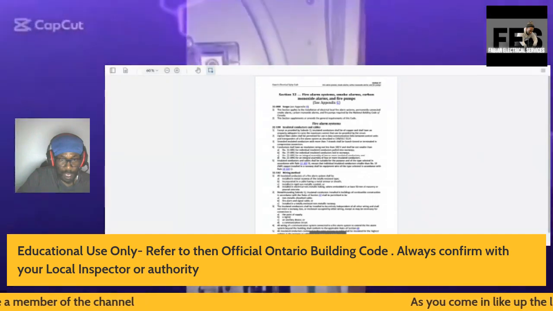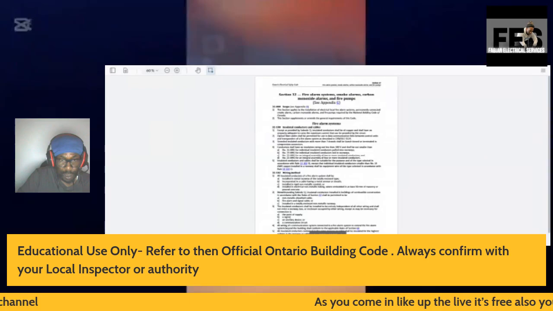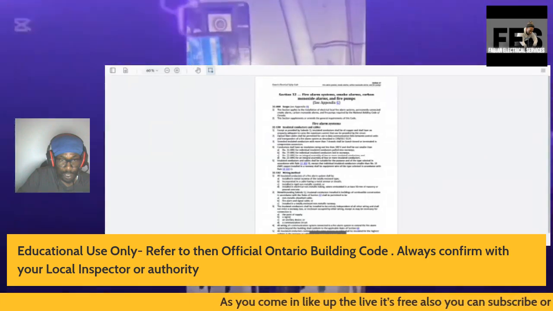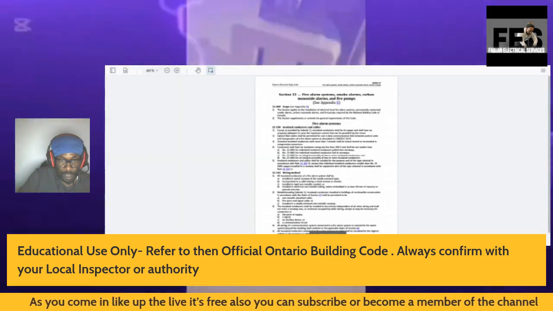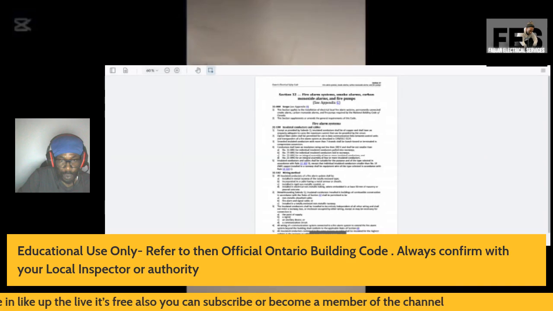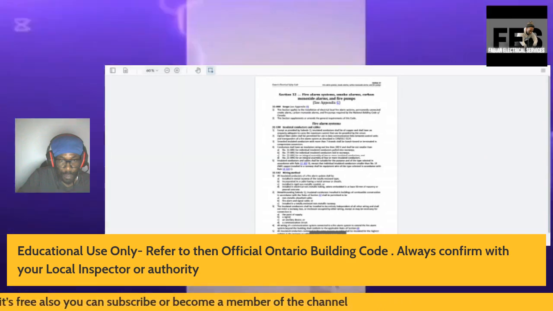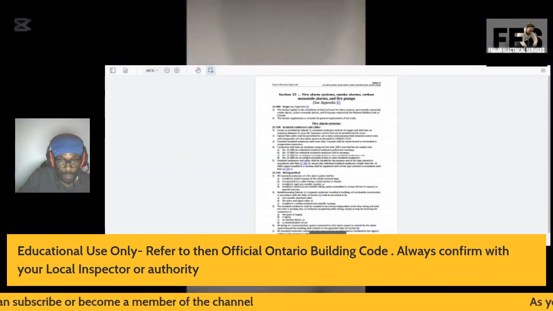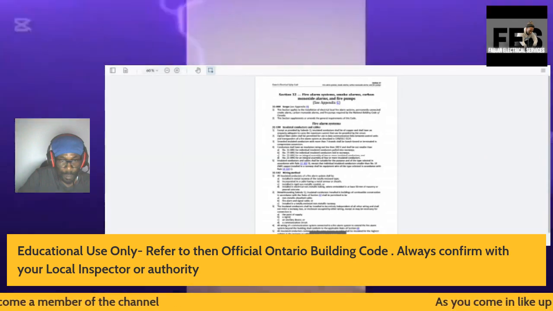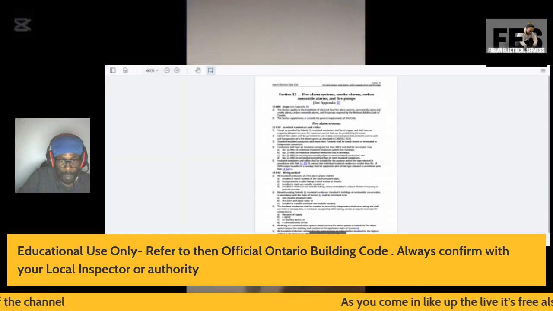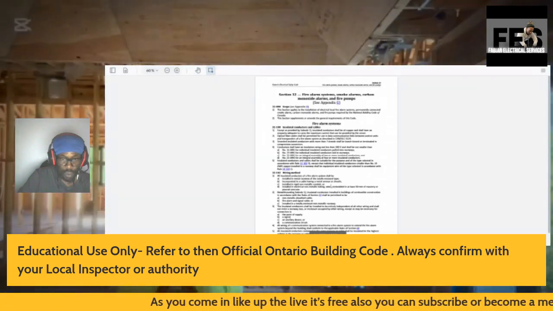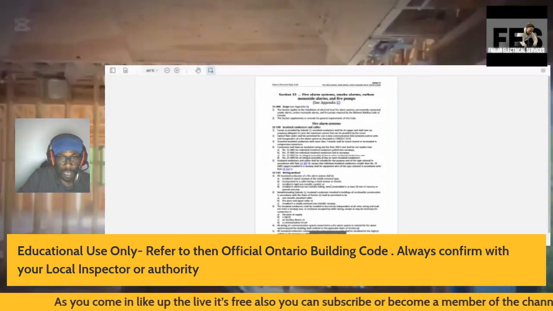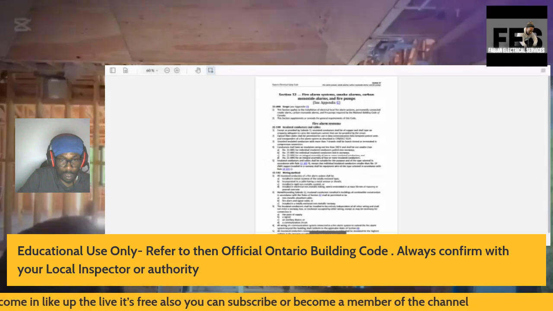Wiring method. An insulated conductor of a fire alarm system shall be an insulated conductor of a fire alarm system type. That's a cable having a metal armor or sheath. Again, the trade name we call it is BX, aluminum sheathed cable is the name.